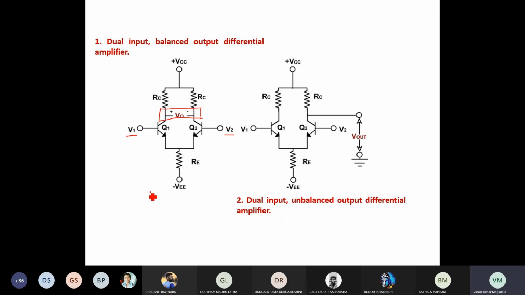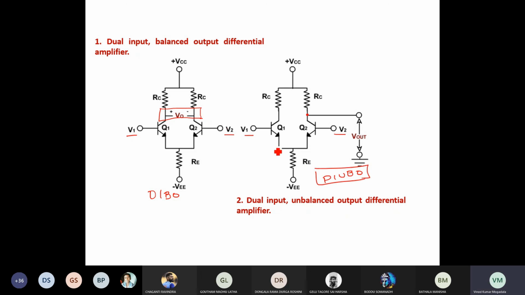So this is dual input, balanced output. Now look here, we are applying inputs at both the base terminals, but we are taking output only from one collector. So that's why it is dual input and unbalanced output.